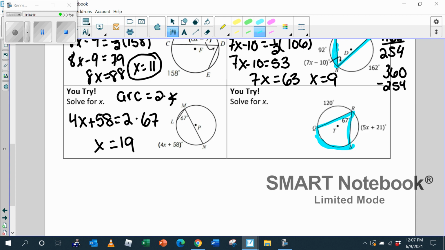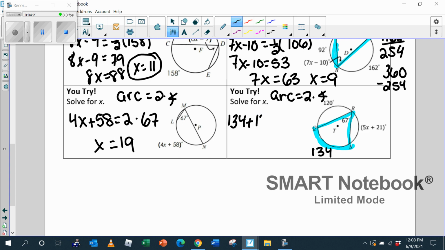So can I find what that arc is? By doing the arc is equal to 2 times the angle. I sound like a broken record here. Make sure you have this written down somewhere. So the arc is equal to 2 times 67. So I get 134. Now I have all these arcs. So let's add them up and set them equal to 360.